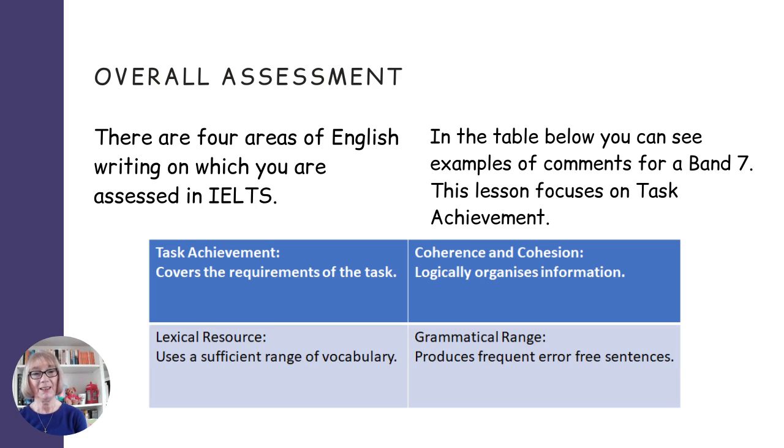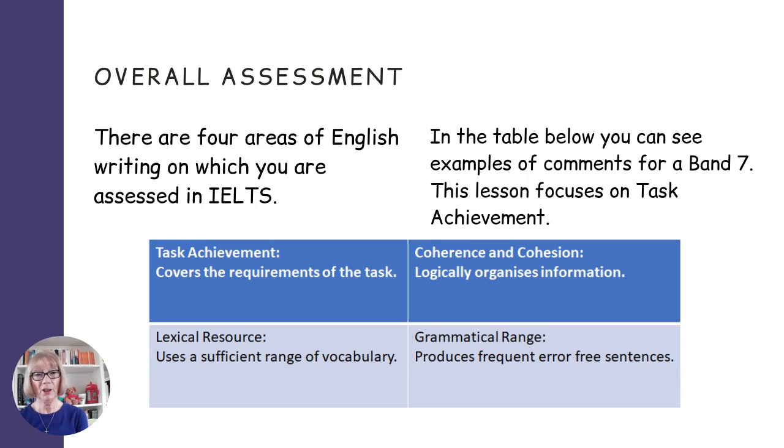Hopefully you do already know this, but if you don't, it's essential for your success that you do take the time to stop and read through this slide. There are 4 areas of English writing on which you are assessed in IELTS. And in the table below, you can see examples of comments for a band 7.